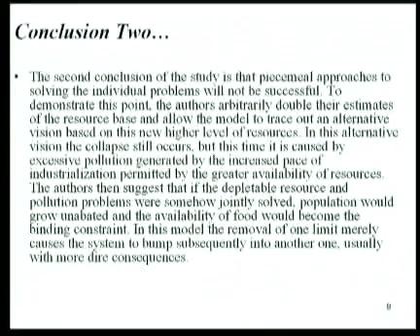The authors then suggest that if the depletable resource and pollution problems were somehow jointly solved, population would grow unabated and the availability of food would become the binding constraint. So in the model, the removal of one limit only causes the system to bump sequentially into another one, usually with more dire consequences. So this is back to the point that we made about wicked systems.